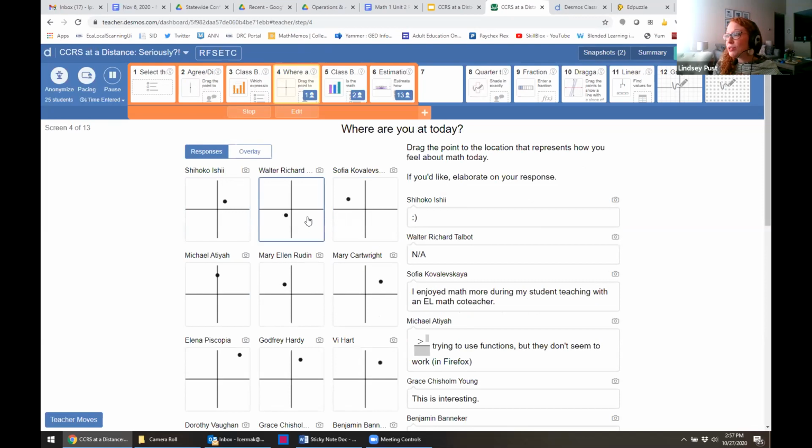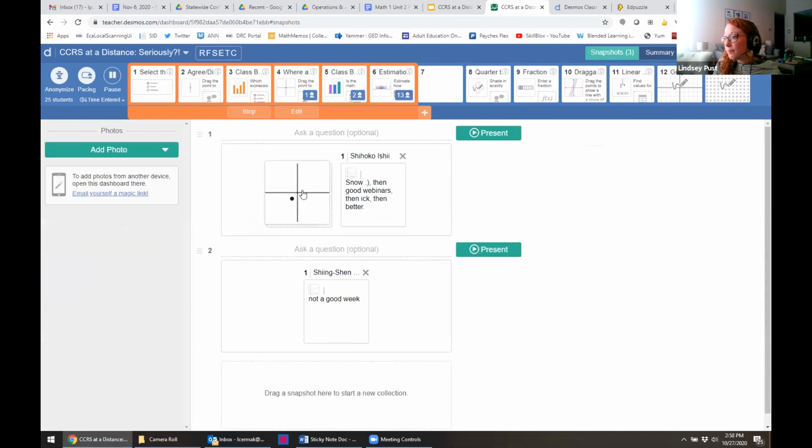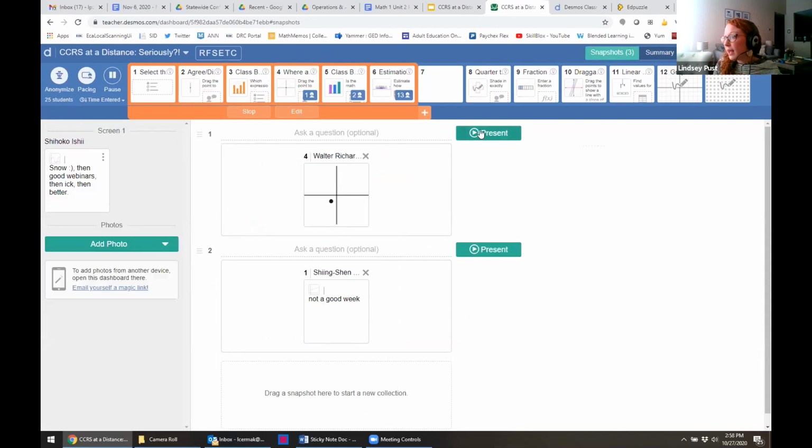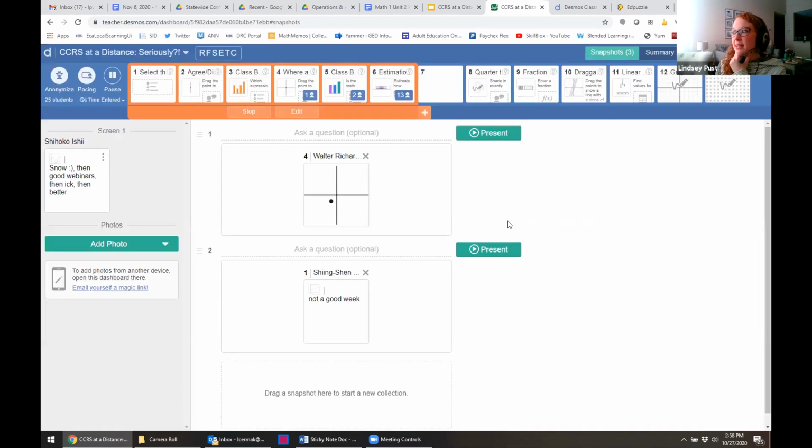Here, being able to use the coordinate plane. I'm just going to snapshot one and present it, being able to navigate quadrants but not have to deal with numbers. This can be used in any classroom, because you're able to edit the questions.